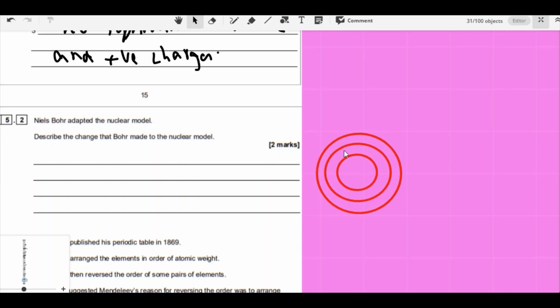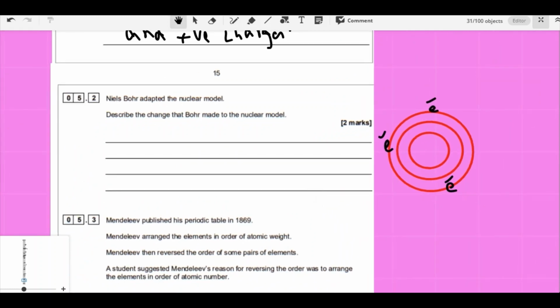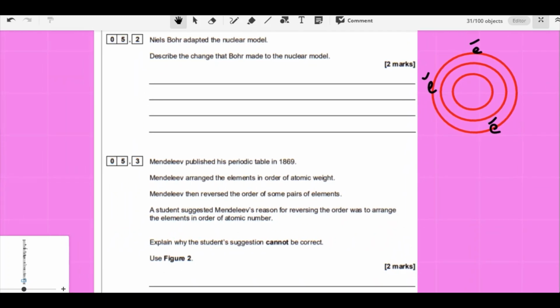The electrons are present in orbits, revolving around the nucleus, and the electrons are at specific distances from the nucleus. So these are the two changes in the Bohr model.